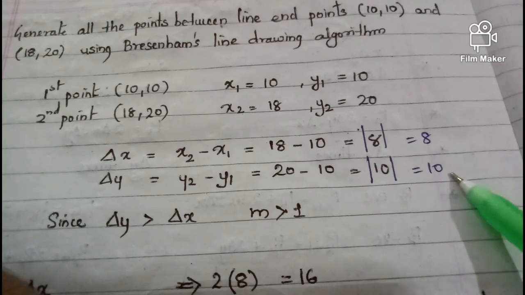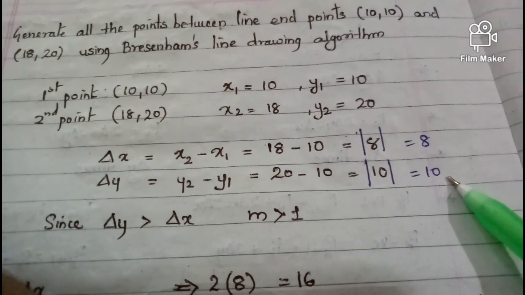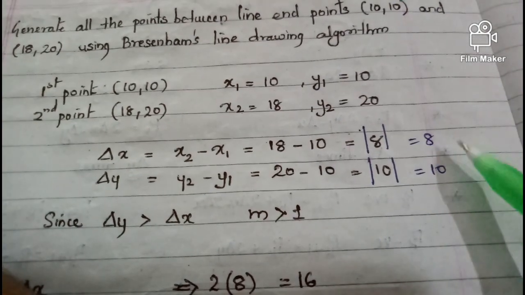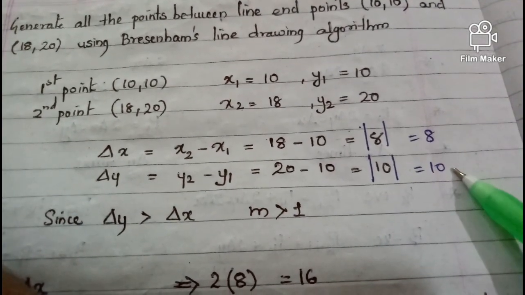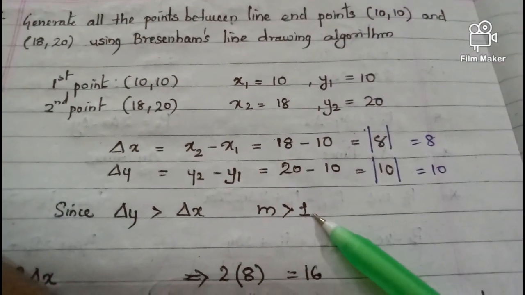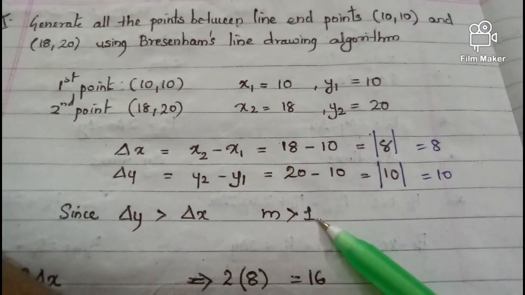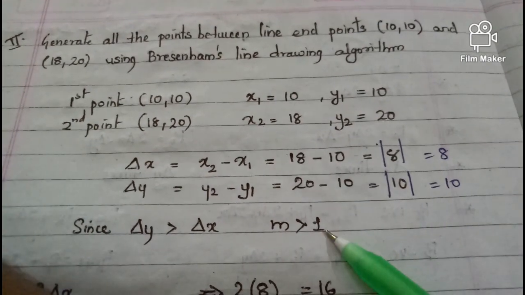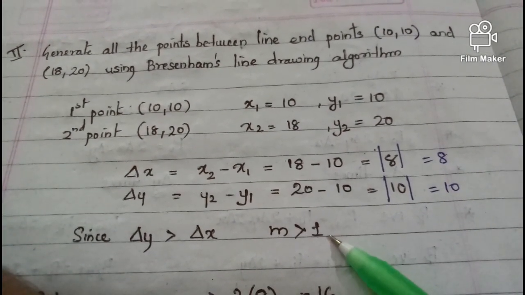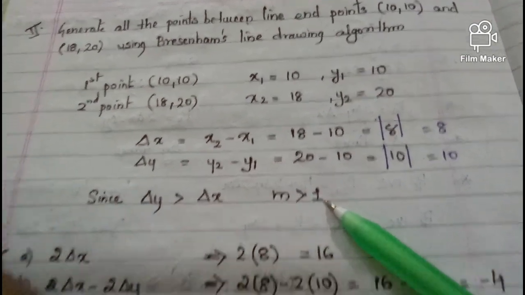Taking the modulus value, you will get the value again as 10. So both the values of delta x and delta y are computed. From this it is clear that delta y is greater than delta x. So this is a clear-cut case of slope m greater than 1. So you have to use the second algorithm, where Bresenham's line drawing algorithm works for slope m greater than 1.